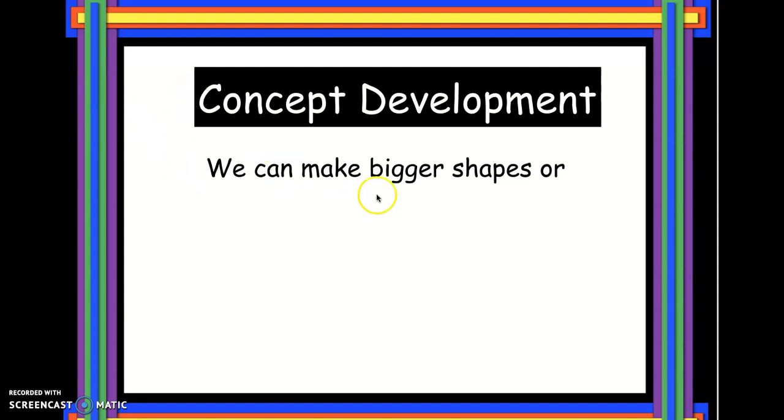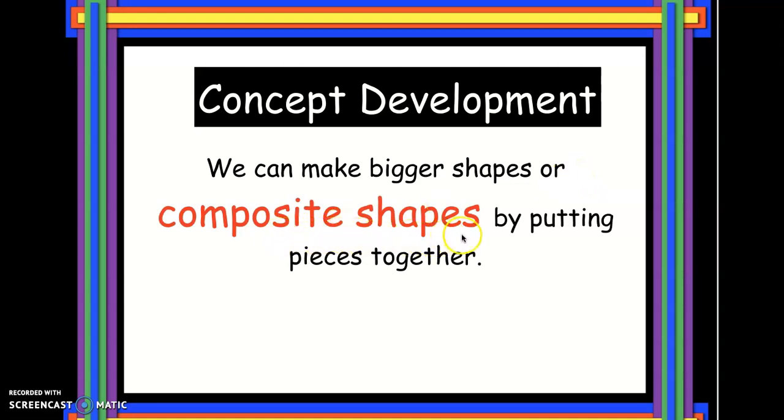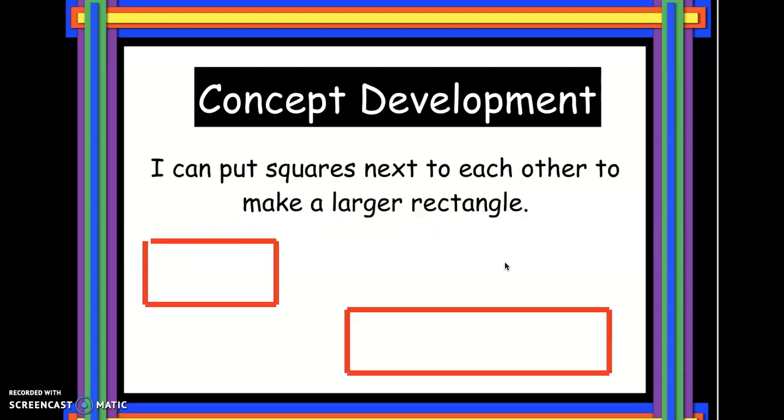So we can make shapes bigger or composite shapes by putting pieces together. So composite shapes are when we take smaller shapes, put them together, and we make a different shape. Sounds a little confusing. Let me show you what I mean, okay? So we're going to be looking at composite shapes today.